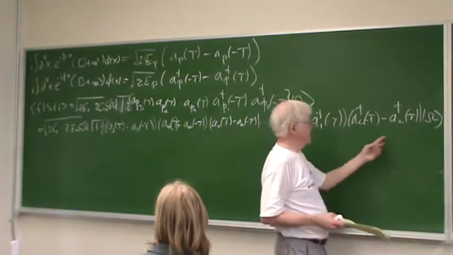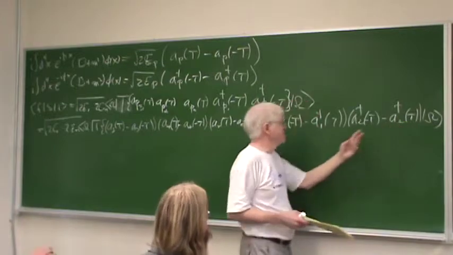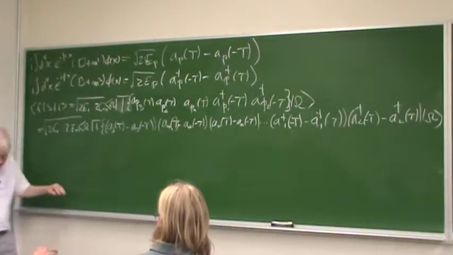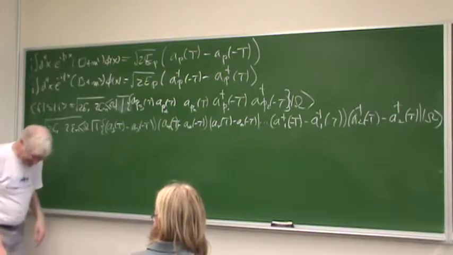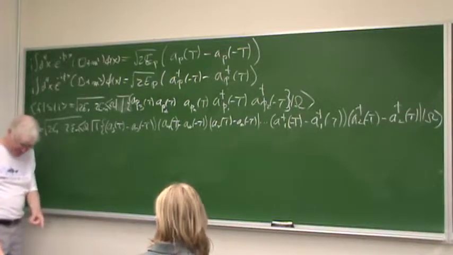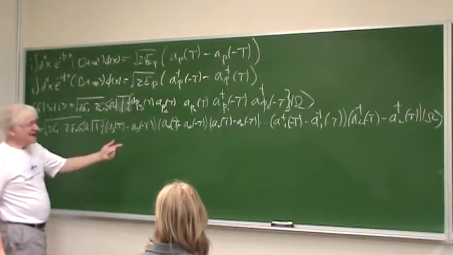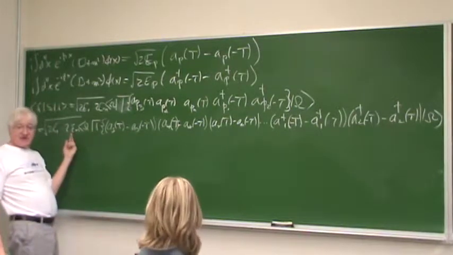Similarly, say we've got an a2 dagger at T, the time ordering says this one goes to the front of the line, and a2 dagger annihilates the vacuum.